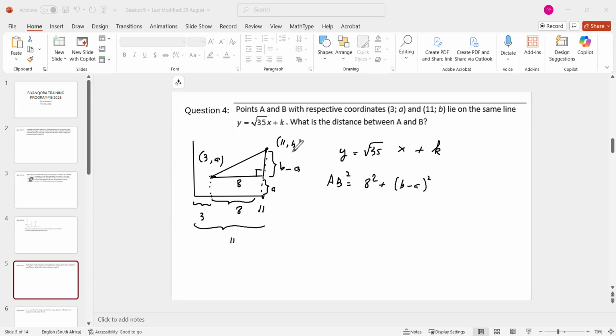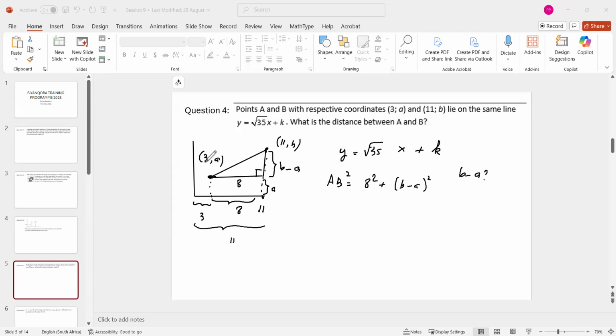All right, so you might have to look at the question and then try to solve the question. And that is what I've done here. I've built up all this information from the question. And now the only problem is, what is B minus A? Now we know that these points are on that line, and that is very, very important.